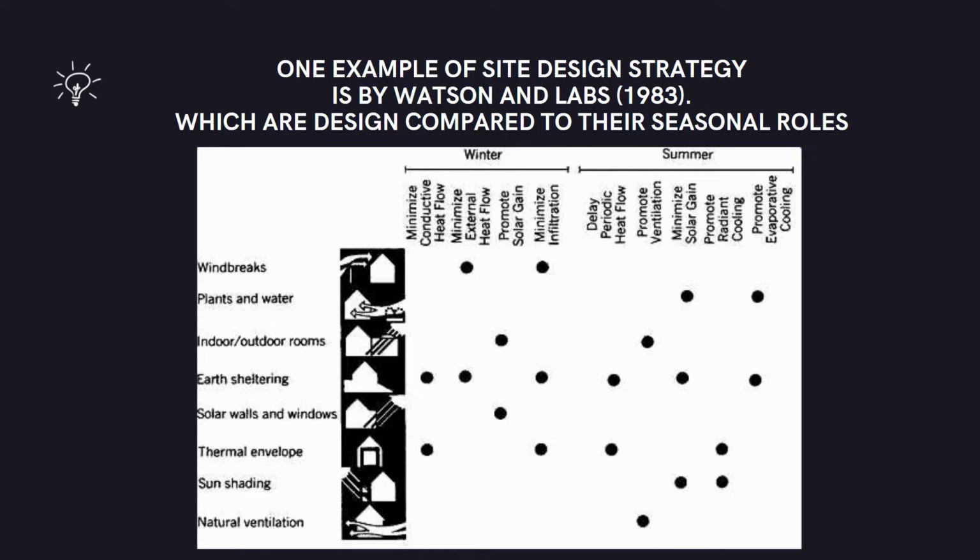During the summer, the sun shading of a building provides a minimized solar gain, and it promotes radiant cooling. So these generic bioclimatic site design concepts provide an effective building design.